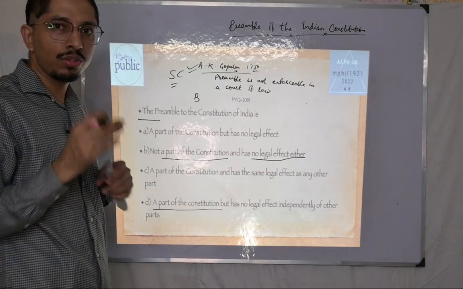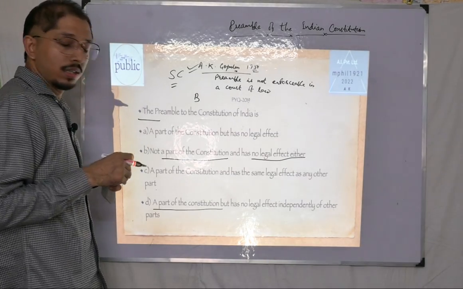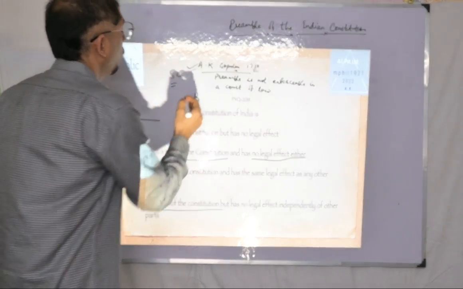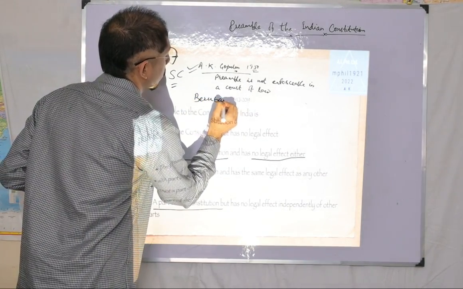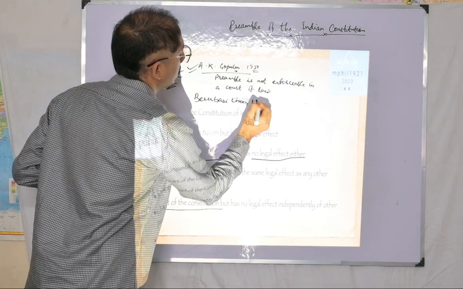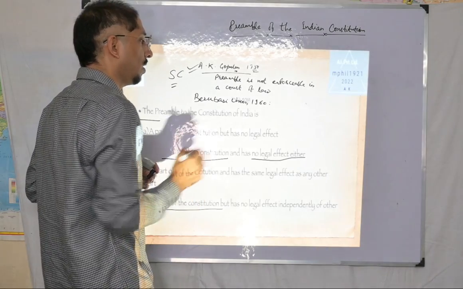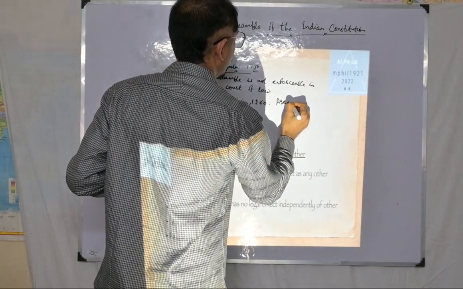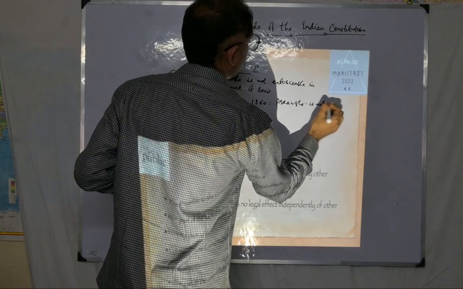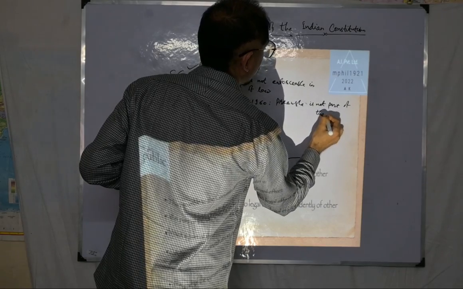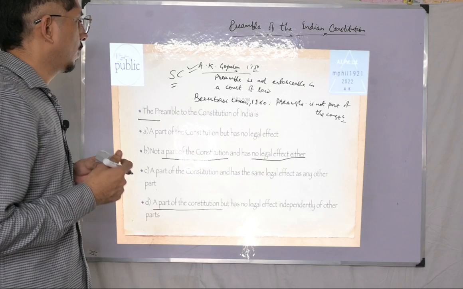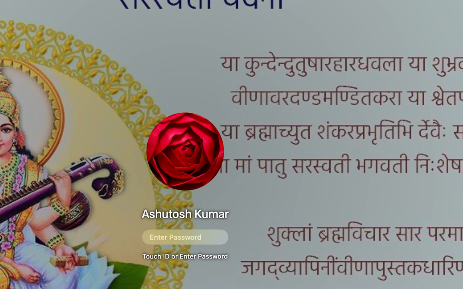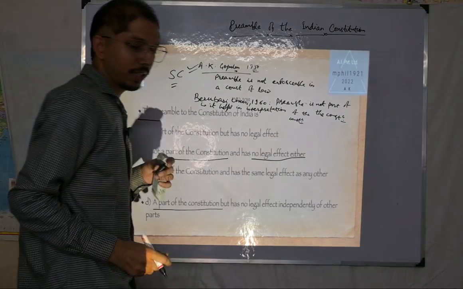We will study all those important cases, because sometimes questions have been asked in prelims as well as mains about them. So, the Berubari Union case, 1960, where it is said that the preamble is not a part of the Constitution, but it helps in the interpretation of the Constitution.